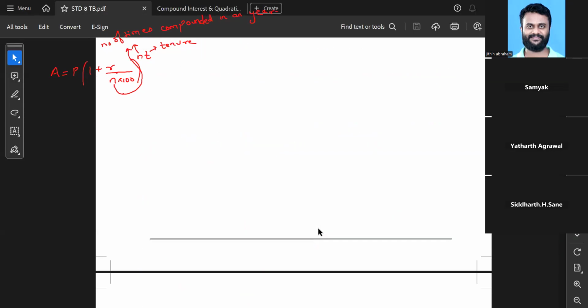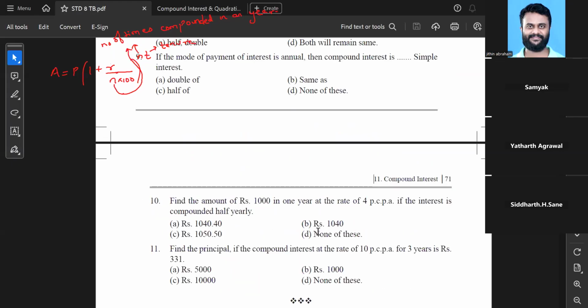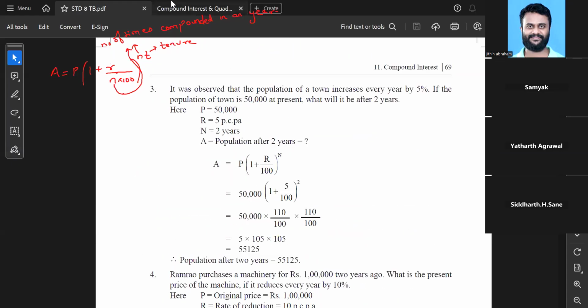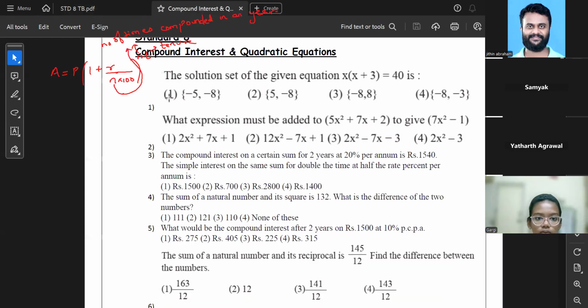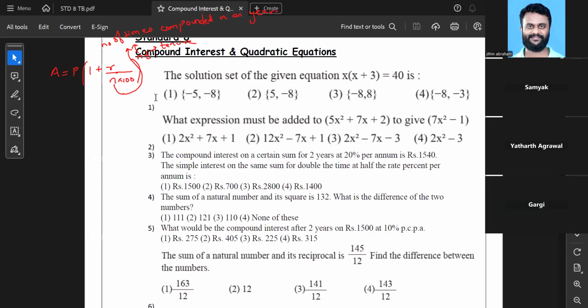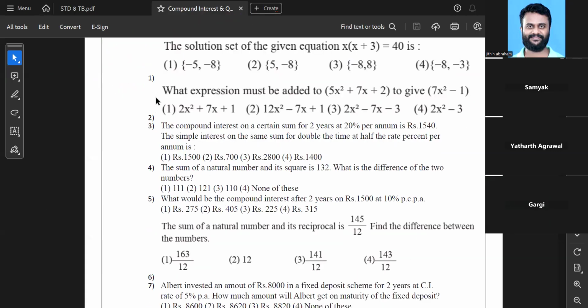Just a minute. I think quadratic equation was the previous chapter. Since we have already solved questions for quadratic equation, we don't have to solve them from this worksheet. I'll be selecting a few questions from this worksheet and then solving them. Okay.